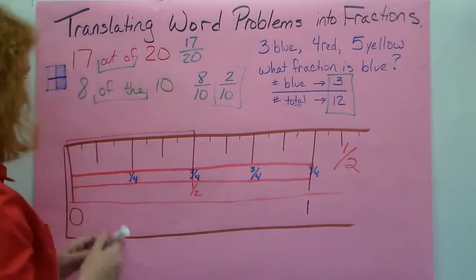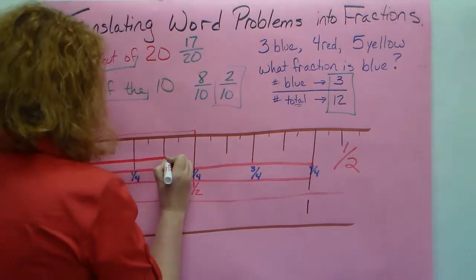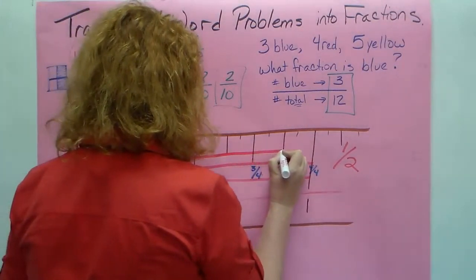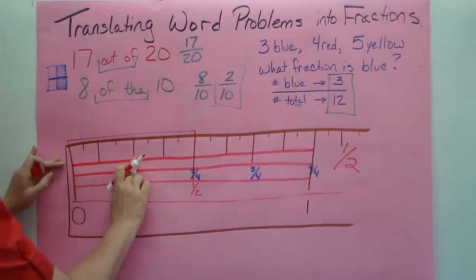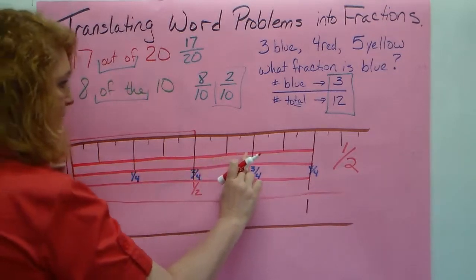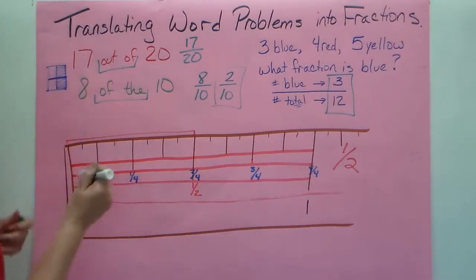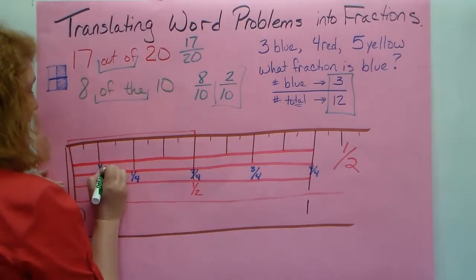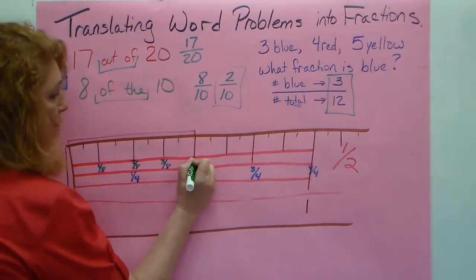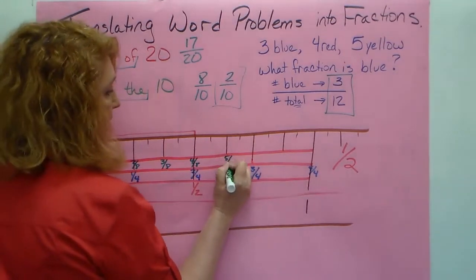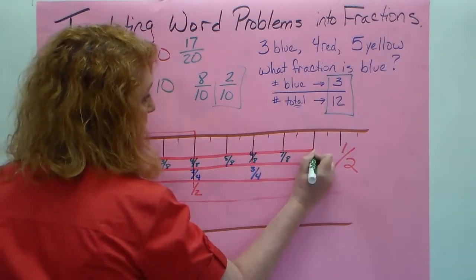Then my next line, now I cut my inch into 1, 2, 3, 4, 5, 6, 7, 8 pieces. And I'm going to count them. Here is 1/8 and 2/8 and 3/8 and 4/8 and 5/8 and 6/8 and 7/8, and that makes 8/8.